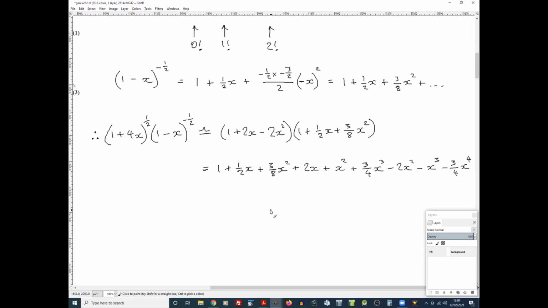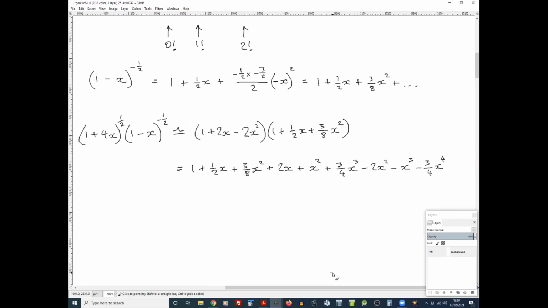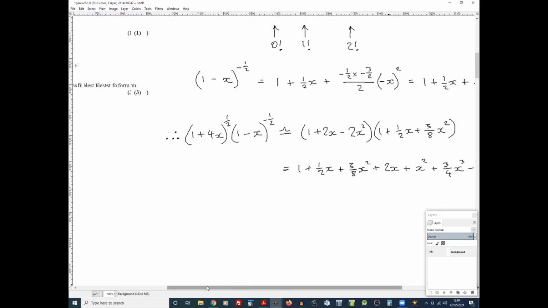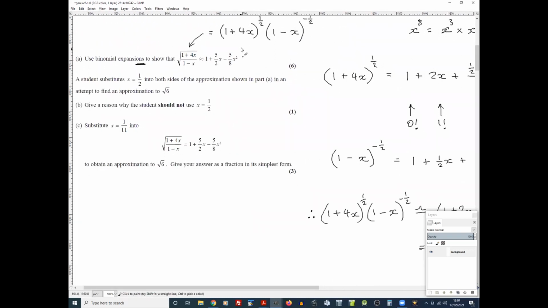Good. Can you see which ones we're going to ignore straight away? Do you mean which ones will cancel? Some of these we're going to ignore because they're too small. We don't actually know how large or small they are, but we've been told we only want the term that's constant, the linear term, and the square term.